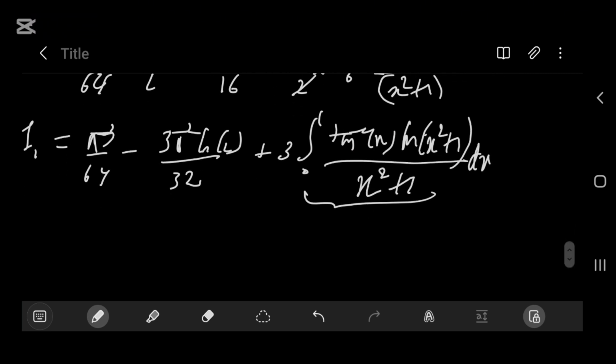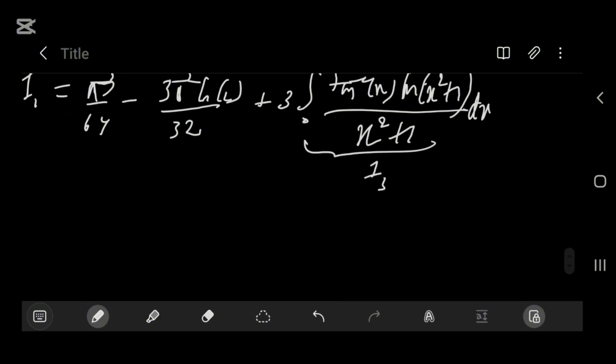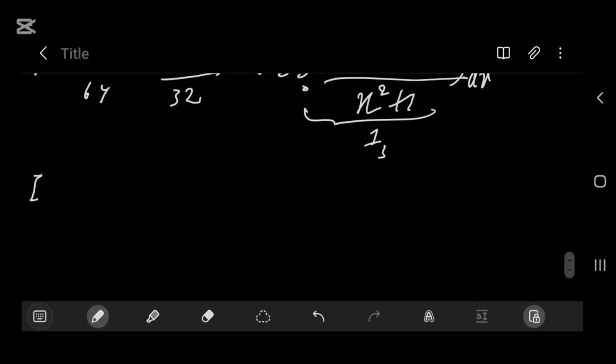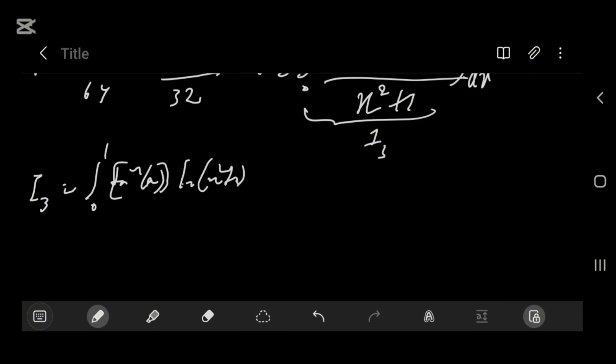Okay, so let's take this part as I3 and let's solve the I3 part. Well, now I3 is actually the integral from 0 to 1 of tan inverse of x times ln(x squared plus 1) over x squared plus 1 dx.